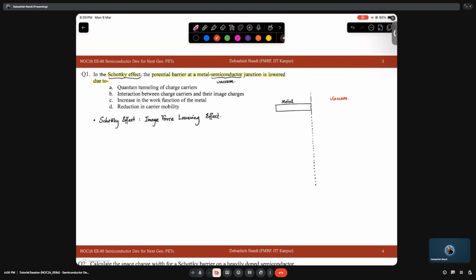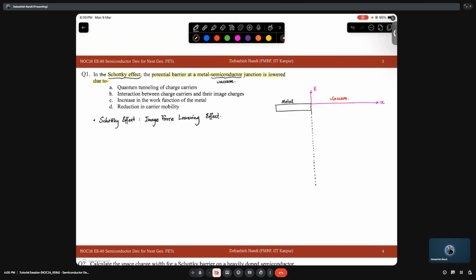Let us also define the axis system. Let's consider that this is the x direction and this is the energy.